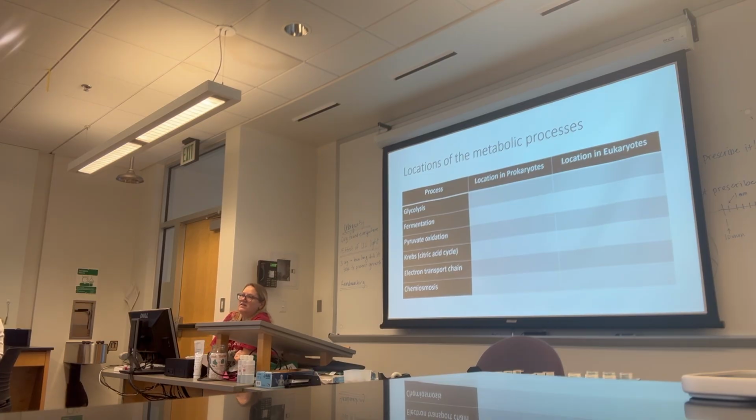Sometimes pyruvate oxidation can occur across the mitochondrial membrane. It just depends on the organism. But for this, it's fine if you have pyruvate oxidation in your head as in the cytoplasm. And chemiosmosis is where we find the high proton concentration? Yes.